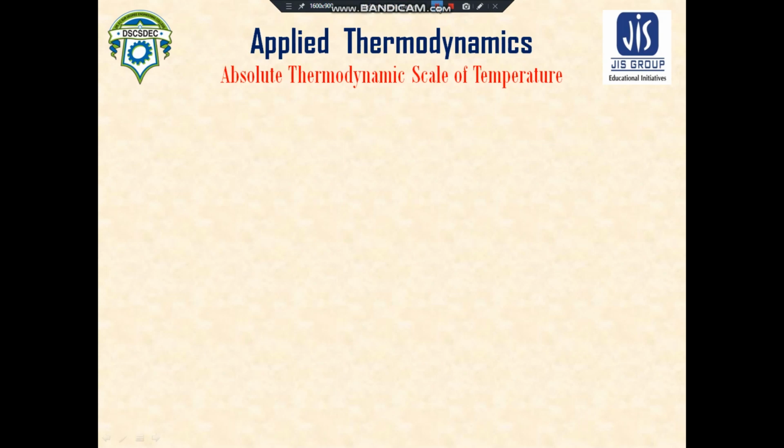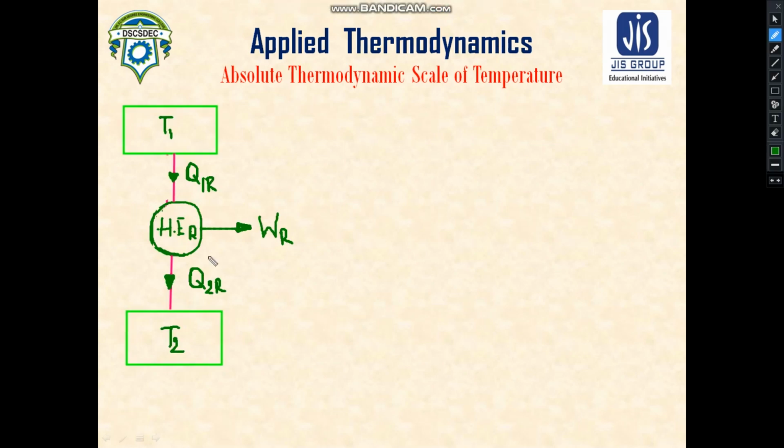So let us see that. Here we can see a brief diagram of a heat engine. Now in Carnot's theorem, it was specified that reversible engines will have the maximum efficiency compared to any other irreversible engine working between the same temperature limits.